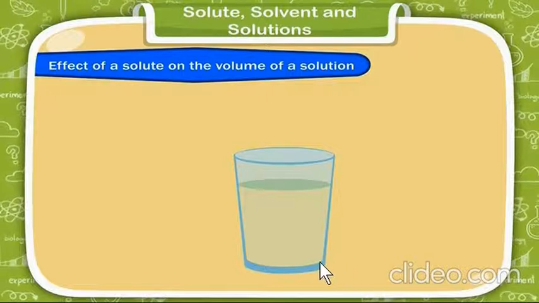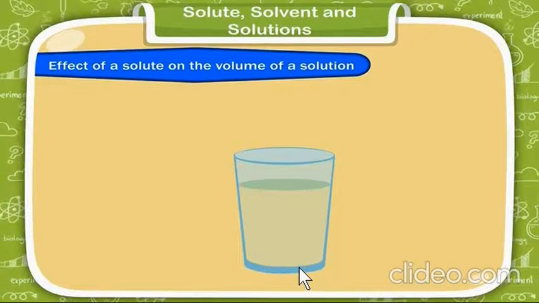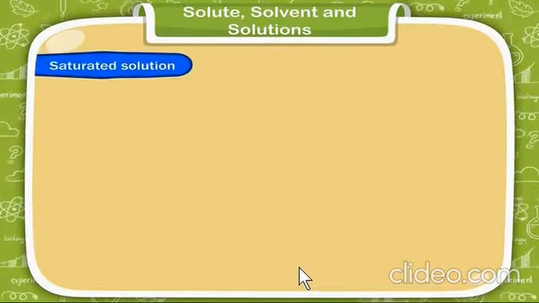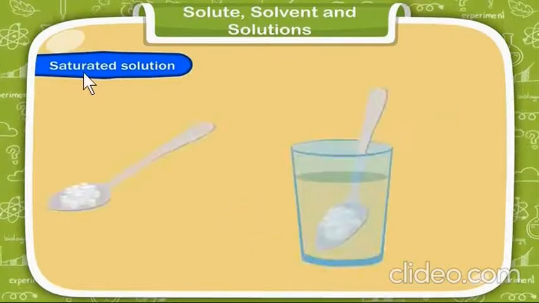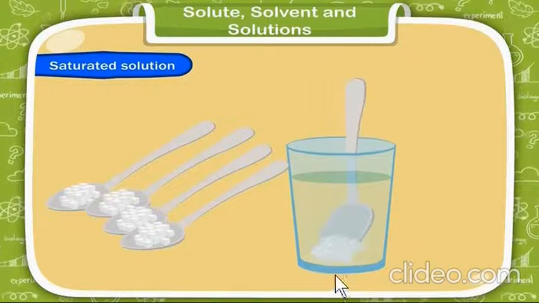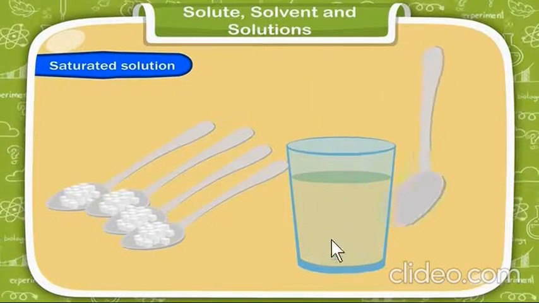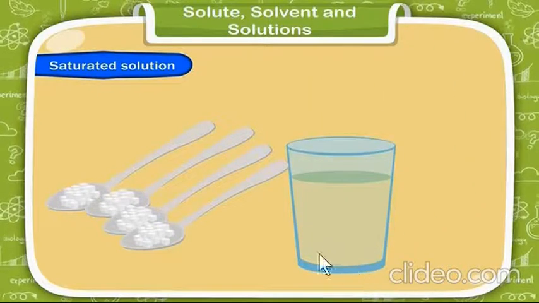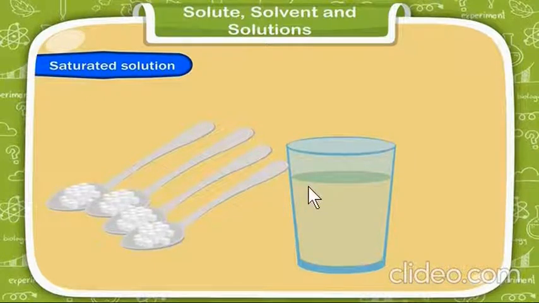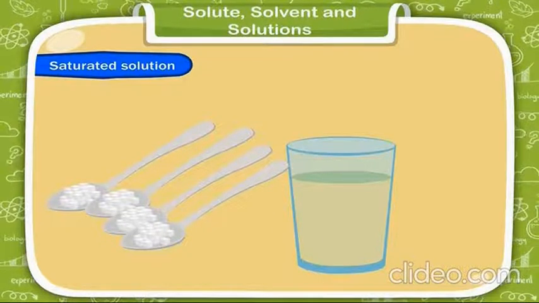Okay, let's move on. Then there are two types of solutions: saturated and unsaturated. When you dissolve 2 spoons of sugar, let's say, in the water, it is an unsaturated solution. It means there is still some space available for more molecules or particles of the solute to get dissolved in the water.